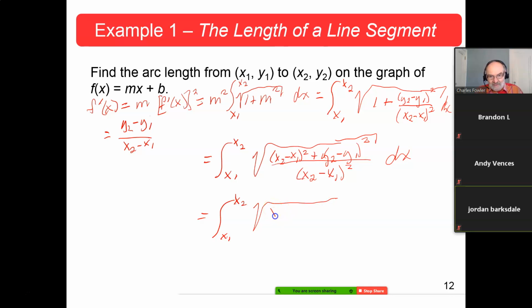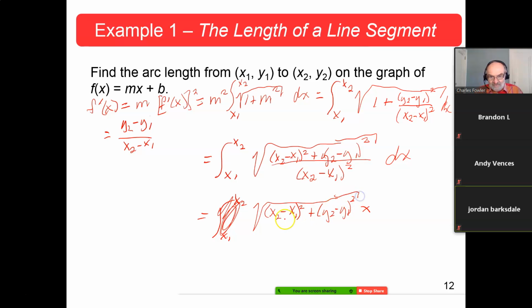This will be x2, well, wait, I'm taking the integral. This constant will then be times x. Okay, but it's evaluated. Okay, x2 minus x1 squared plus y2 minus y1 squared.